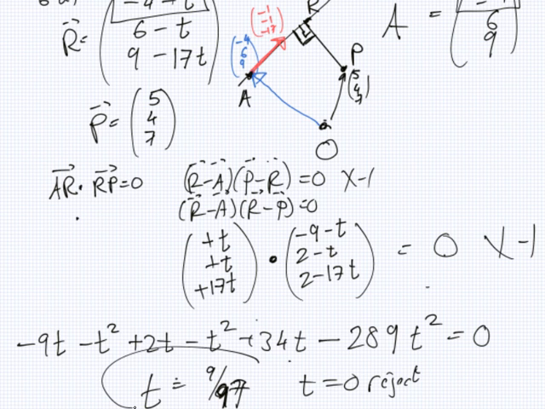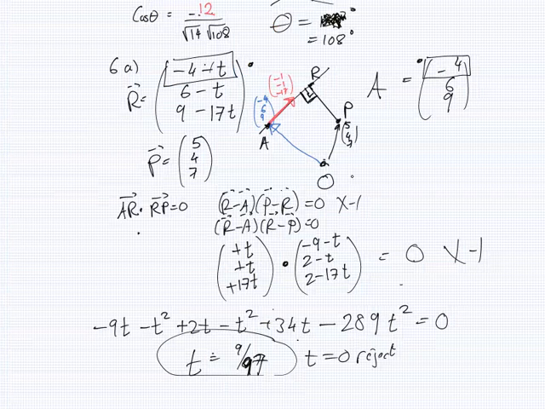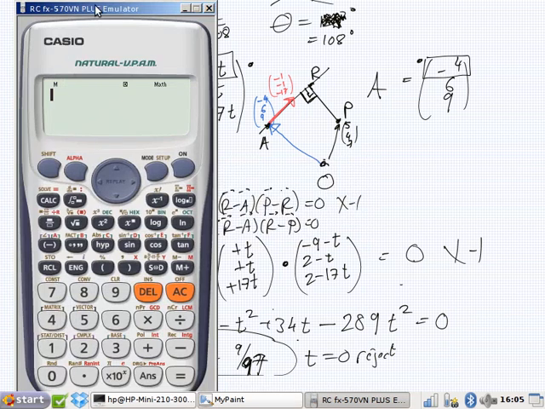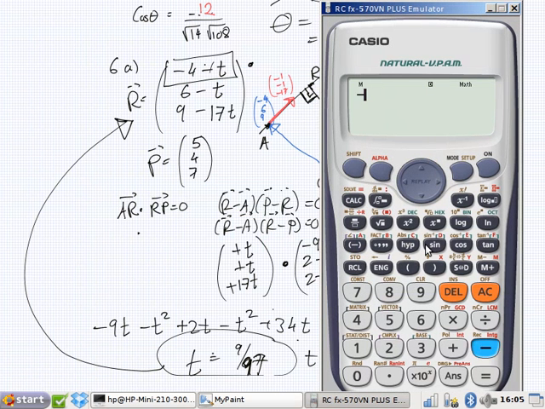Now that we have this answer, I should put it back in here. Let me write that down on the calculator. Minus 4 minus 9 over 27?